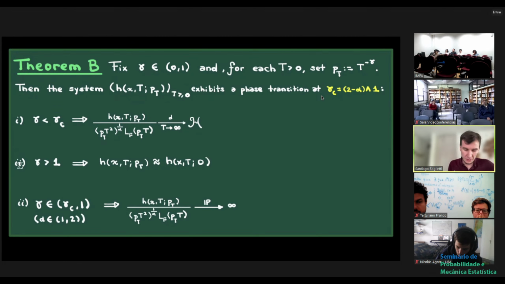For gamma less than gamma_c, so p going to 0 but not too fast, you see the same thing as in theorem A. The system still behaves in the same way as it did for a fixed value of p larger than 0. It seems natural: if you make p go to 0 but not too fast, then the behavior of the system is not going to change too much.